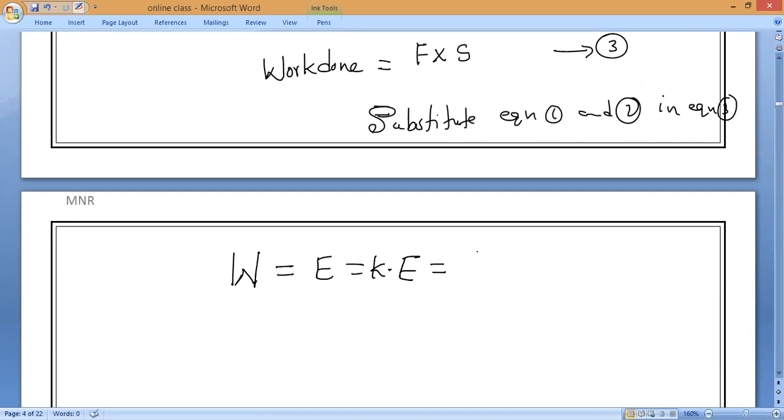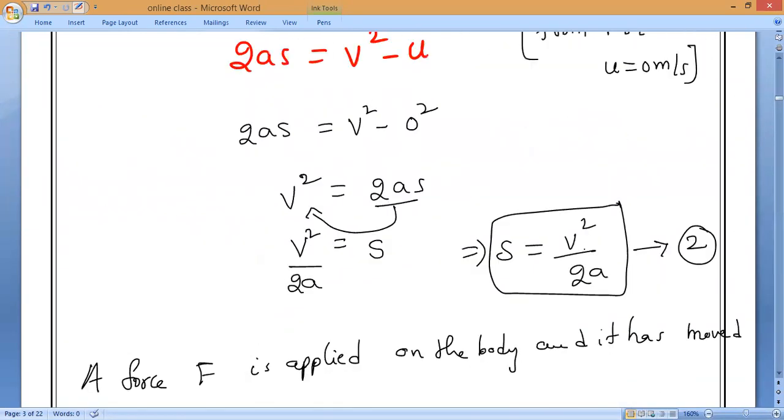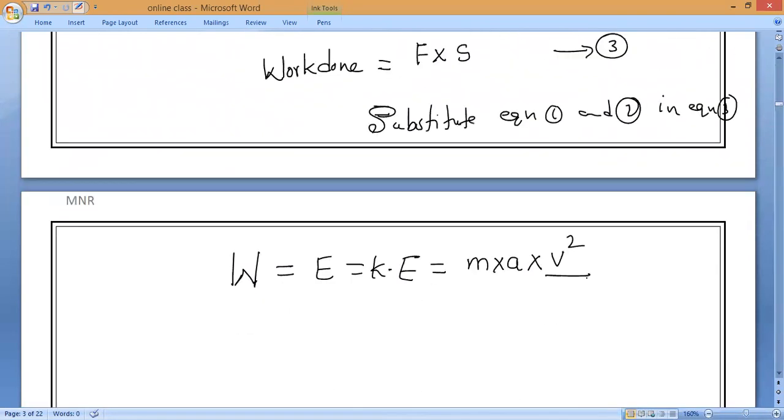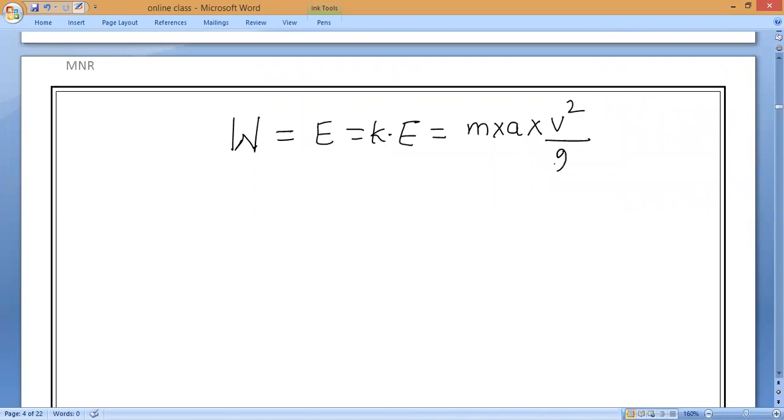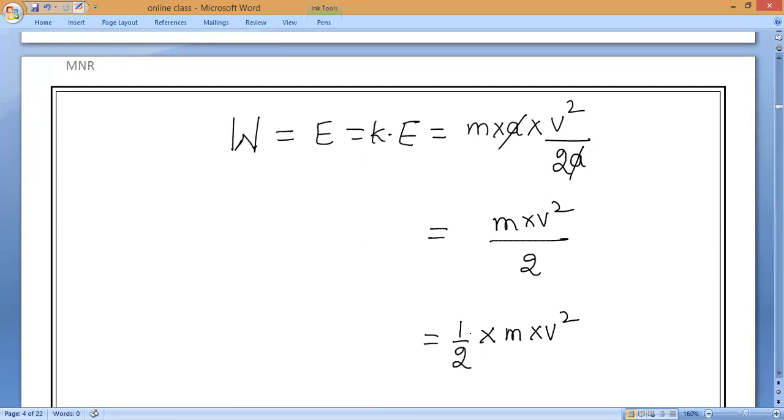So it is equal to force. Force is equal to what? Mass into acceleration, same way into displacement. Displacement means v squared by 2a. So a will get cancelled, which is equal to m into v squared divided by 2. This 2 I will take as 1 by 2 separately into mass into velocity squared.